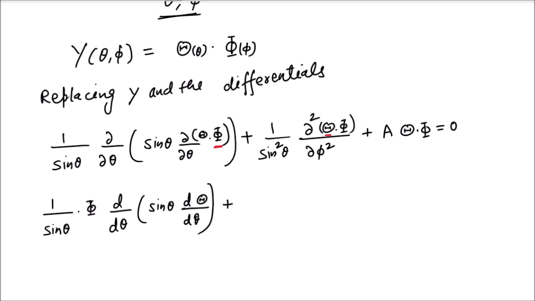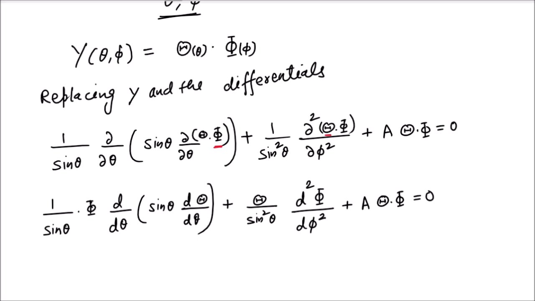Plus here we take theta out of the differential because that is constant for the second partial differential with respect to phi, and the complete second differential of phi, right, plus a function of theta and function of phi.